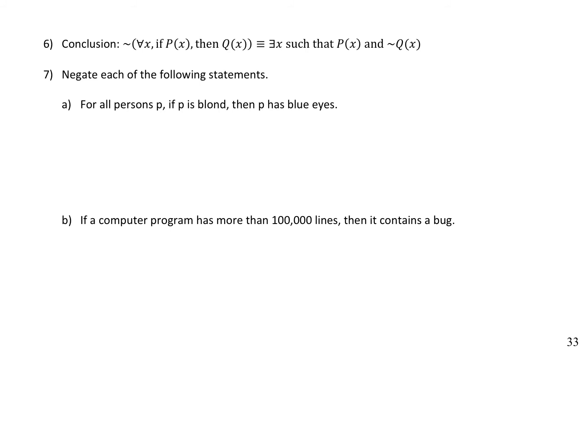The negation will become there exists a person P such that, right? So there exists an x such that p of x and not q of x. So the p of x is P is blonde, and the q of x is P has blue eyes. So we take the p of x as is, such that P is blonde and P does not have blue eyes.